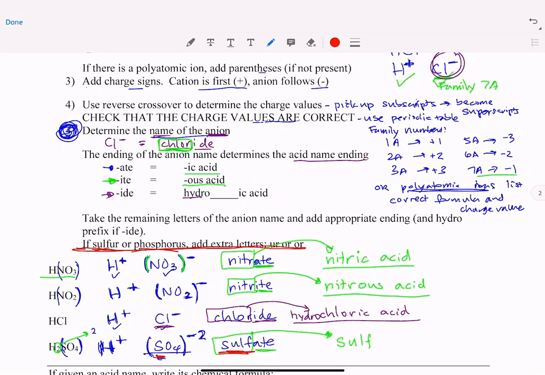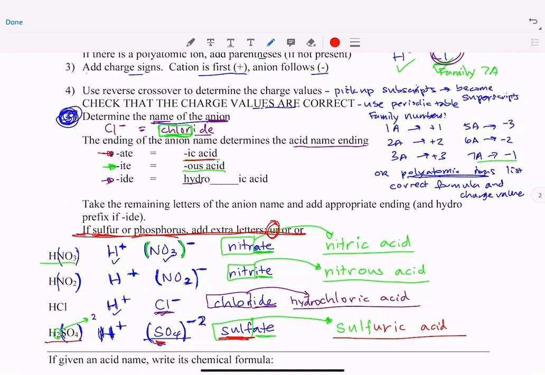For sulfur, you need to add in an extra UR. So I'm going to add in that extra UR before I add the name ending, which is this for ATE, the ic acid. So this is sulfuric, and then acid is the name of this H2SO4. So not sulfic acid, you need to add those extra letters UR.